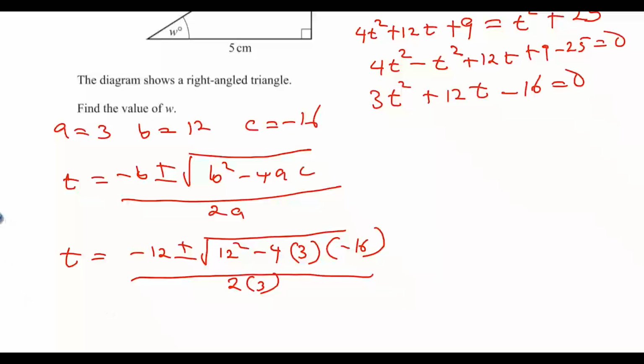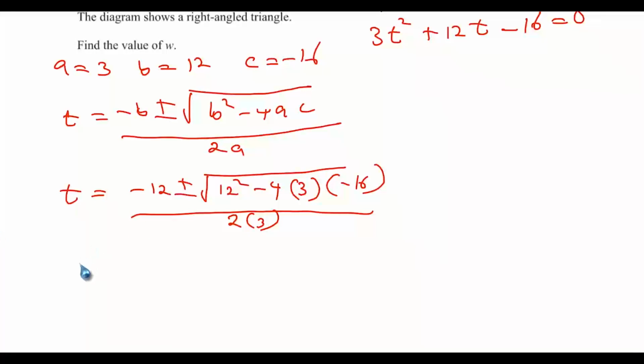Okay, if you scroll down a little bit again, we have t equal to minus 12 plus or minus. If you simplify everything inside this radical, that is the square root, you're going to have the square root of, okay, 12 squared will give you 144, while the other expression will give you 192.